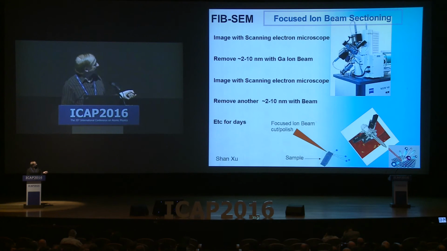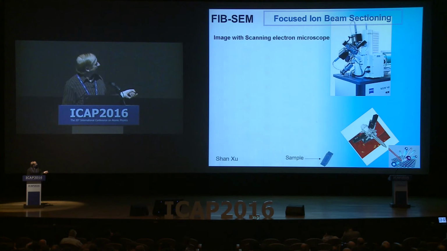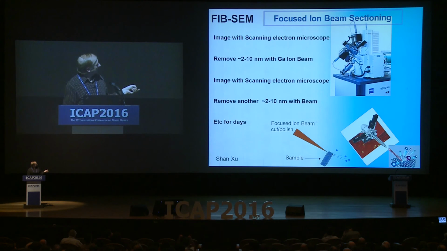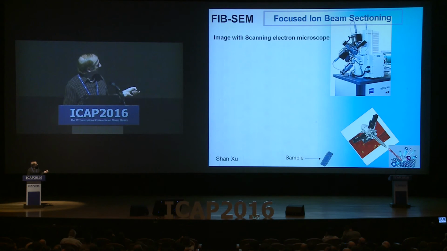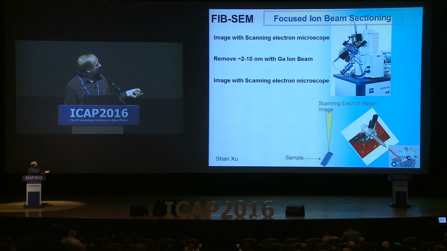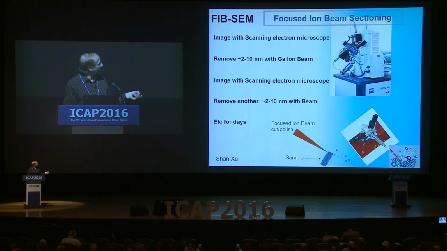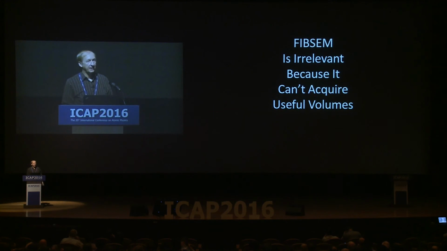Basically, you can first image the surface with a scanning electron microscope, and then polish away with the ion beam, image the surface, polish, image, polish, repeat that thousands of times, and eventually build up a 3D volume. Now, the problem is, FIB-SEM was thought to be irrelevant because it cannot acquire such big volumes.